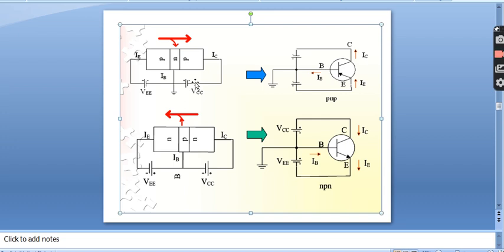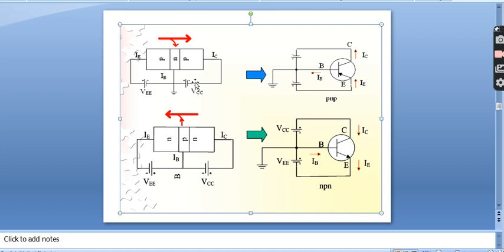These DC voltage sources maintain the forward and reverse bias. In the equivalent circuit with the transistor symbol, the conventional current direction is from emitter to base, because it is a PNP transistor.